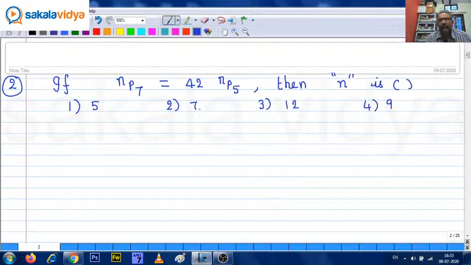Okay, this is the question. Here NP7 is equal to 42 times NP5, then we need to find the value of n.